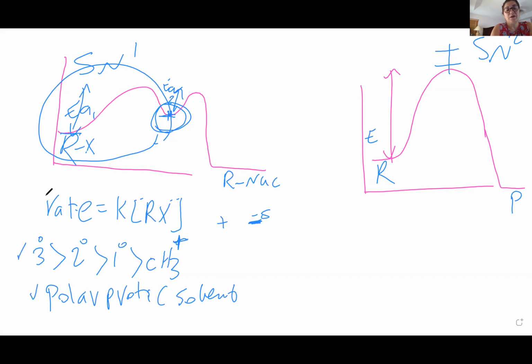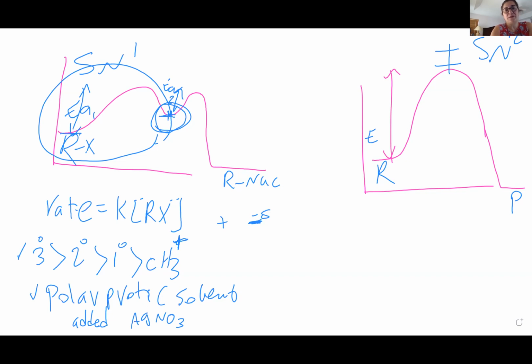Okay. Sometimes they add silver nitrate to the reaction mixture to make the reaction go through SN1. How is it going to help? The leaving group is a halide.